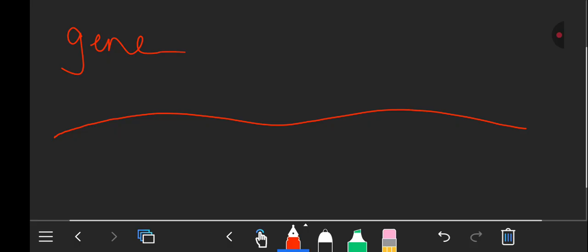That is what we call a gene. We've said there are two types of genes. So let's have this portion here, then we have another portion this side.